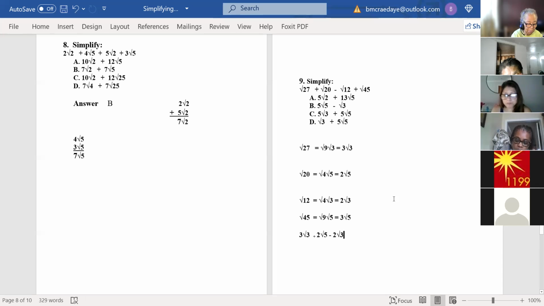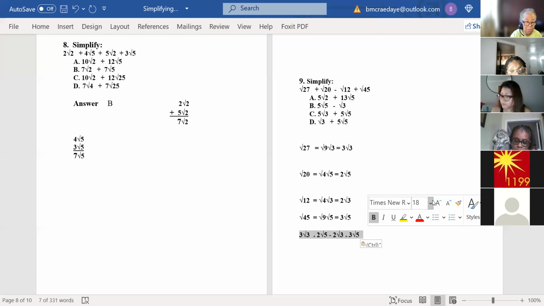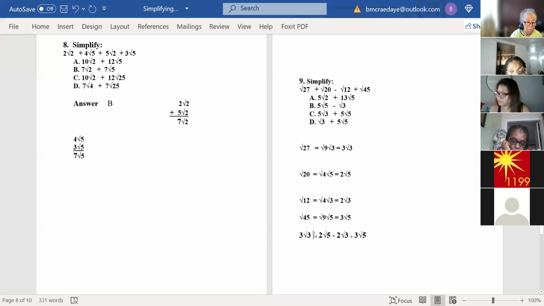That would be plus. These plus signs are too small. Okay, this is a plus.